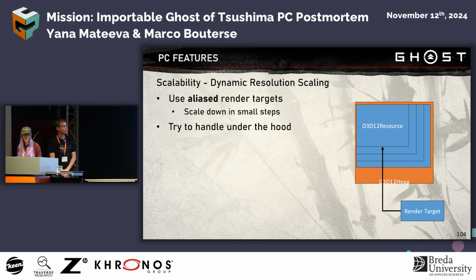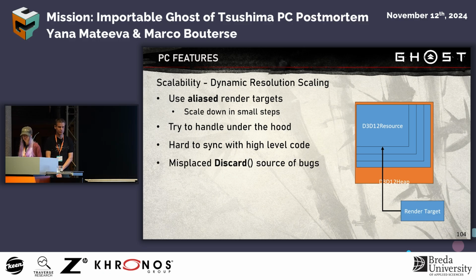We did try to handle this fully under the hood, so the engine doesn't really know about what kind of resizing we're doing. But it was pretty difficult to keep our PlayStation descriptors in sync with what we were actually doing under the hood. And as some of you may be familiar, if you've used alias resources, misplaced discards and/or clears can be a source of very, very nasty bugs and even crashes.